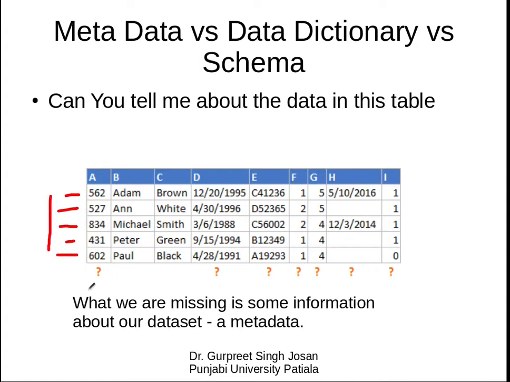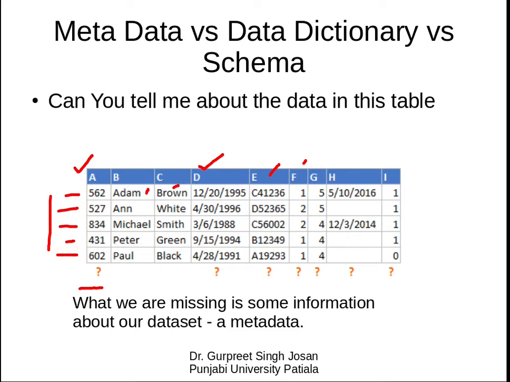We cannot find out what A is. What are the values contained in column A? What are the values contained in columns D, E, F and so on? By looking at the values of columns B and C, we can have some idea that these are the names of some persons, but for what purpose those persons are here, we cannot explain.